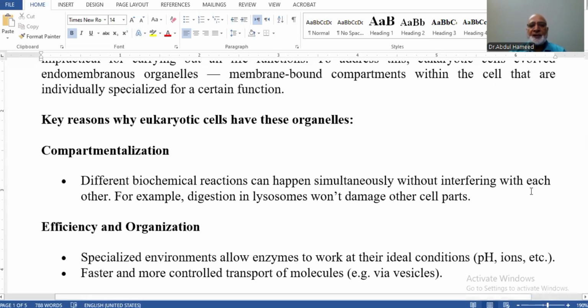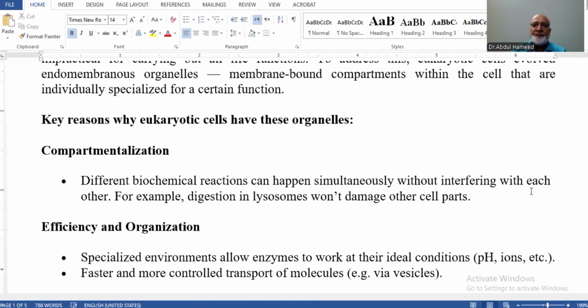For example, digestion in lysosome won't damage all other cellular structures, because in case of an animal cell, the lysosome will be having more dangerous, more hydrolytic enzymes, so they should be confined within that particular lysosome structure.